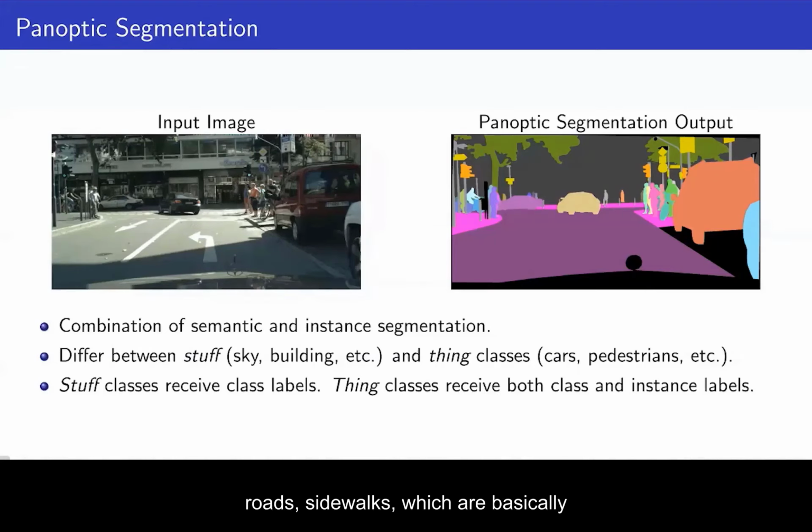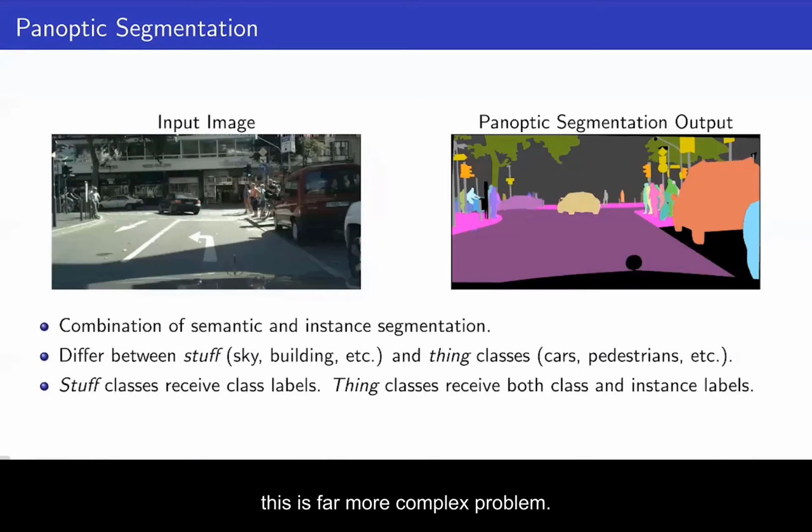And the categories such as buildings, roads, sidewalks, which are amorphous regions, are the categories that we want to do normal semantic segmentation on. So what we want to do is a combination of instance segmentation for thing classes and standard semantic segmentation for stuff classes. And we want to do this simultaneously using a single convolutional neural network architecture.